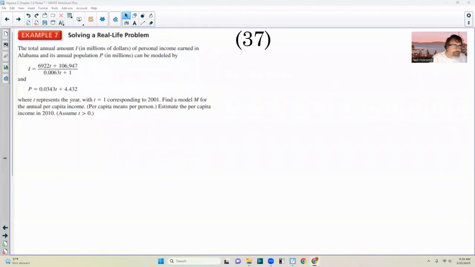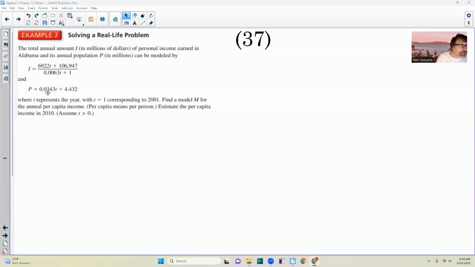Okay, here's example 7, solving a real life problem. It says the total annual amount I in millions of dollars of personal income earned in Alabama and its annual population P in millions can be modeled by: annual amount of personal income I equals 6,922 times T plus 106,947, all divided by 0.0063 T plus 1.